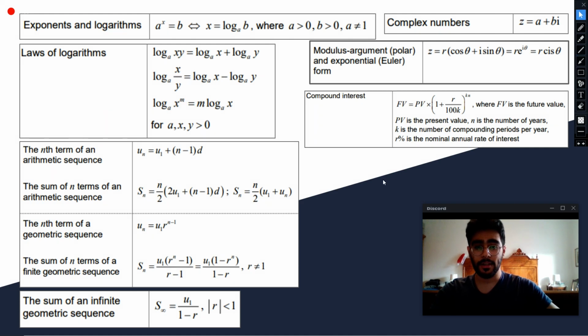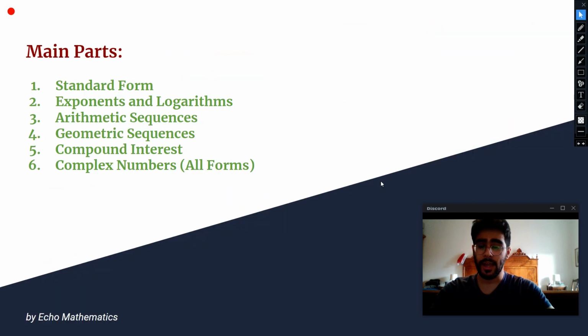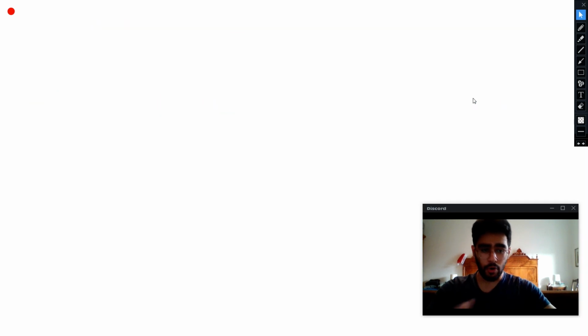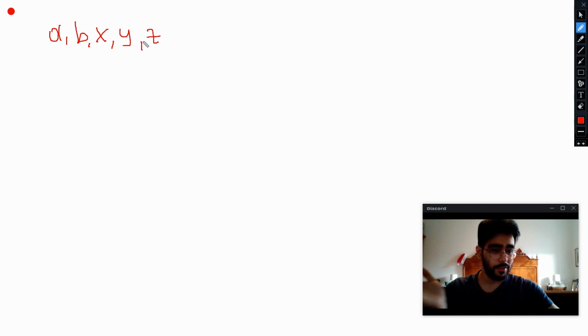What else do we have? Let's see. Arithmetic sequences and geometric sequences. I will cover this in one go for both of them. A sequence is basically a list of numbers, right? So let's say that we have a, b, x, y, z, doesn't matter, but we have a list of some numbers, and it goes on to infinity, let's say.